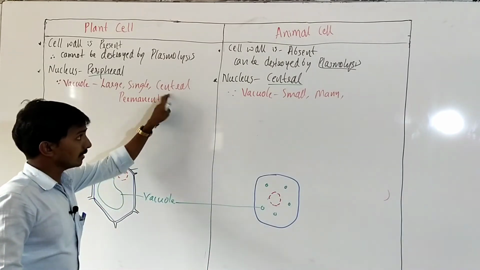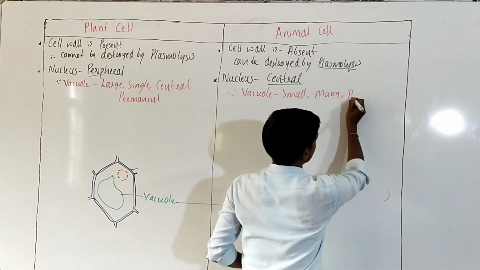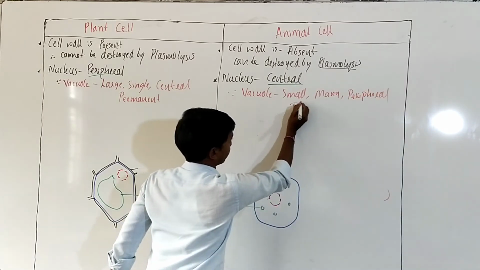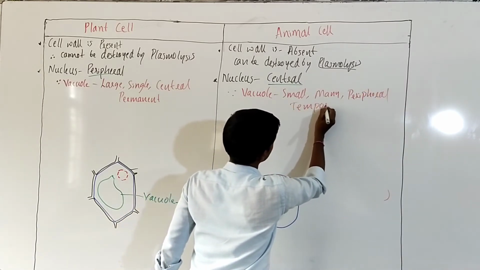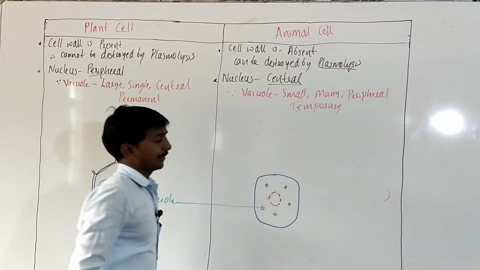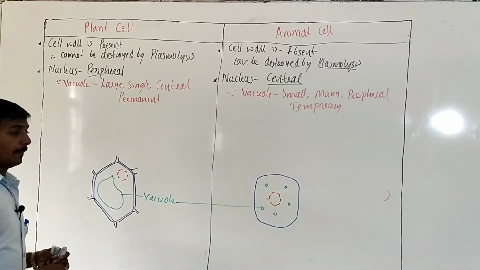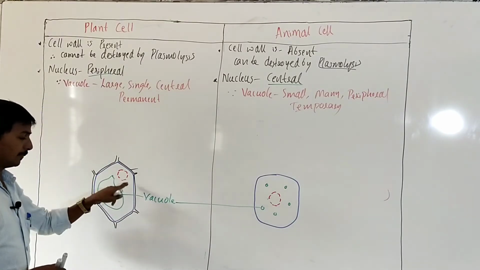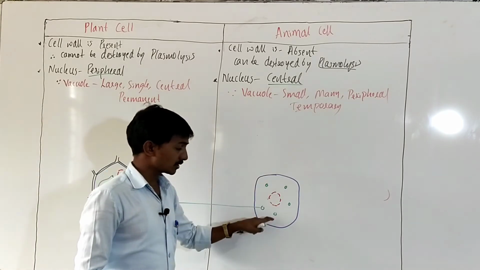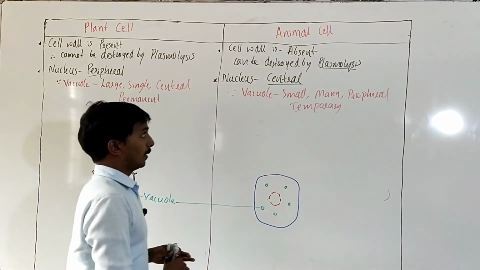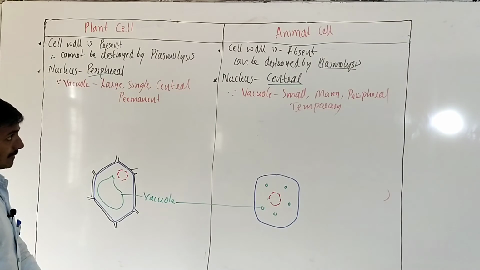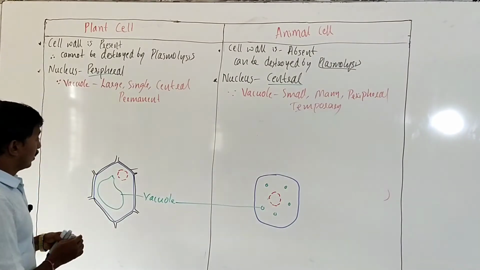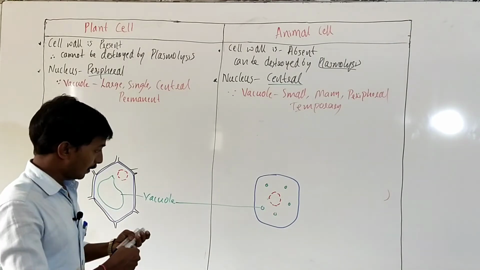If it is central here, here it is peripheral. Lastly, it is temporary in case of animal cell. Because of the vacuole, the nucleus is peripheral in plant cell. Because of these vacuoles, the nucleus is central in the animal cell.